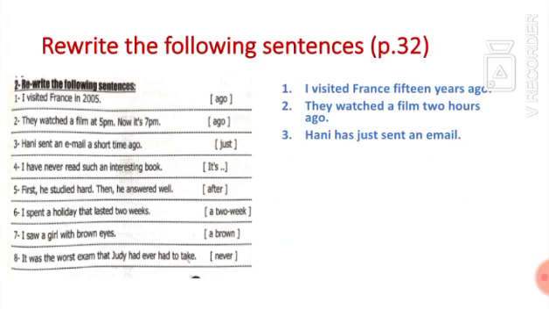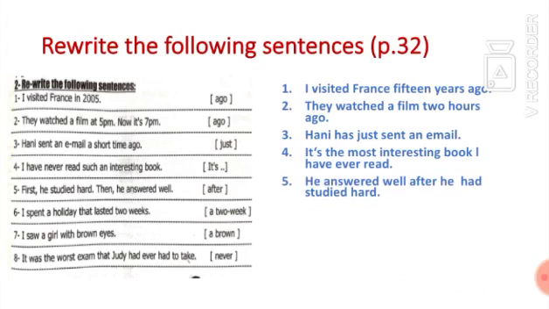Number 4. I have never read such an interesting book. It's the most interesting book I have ever read. Number 5. First he studied hard, then he answered well. Use after. He answered well after he had studied hard. As we said before, after is followed by past perfect. Number 6.